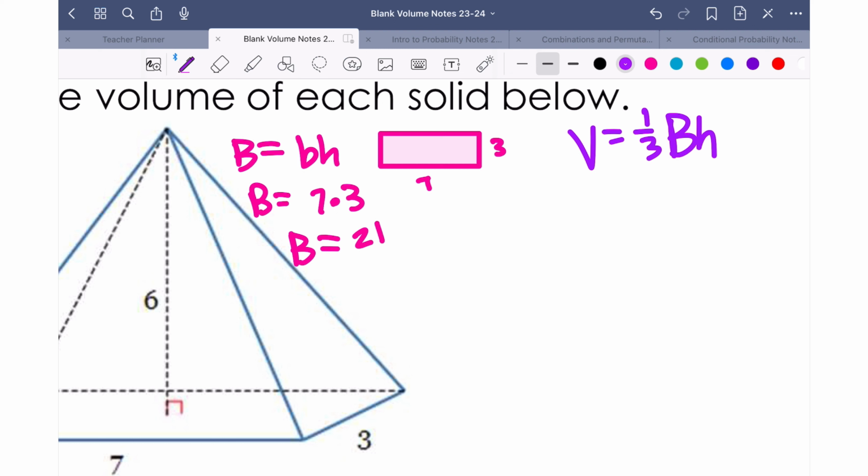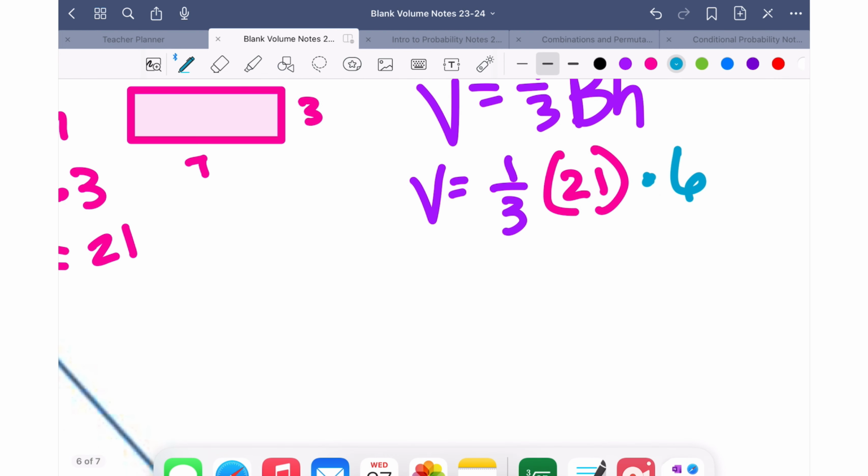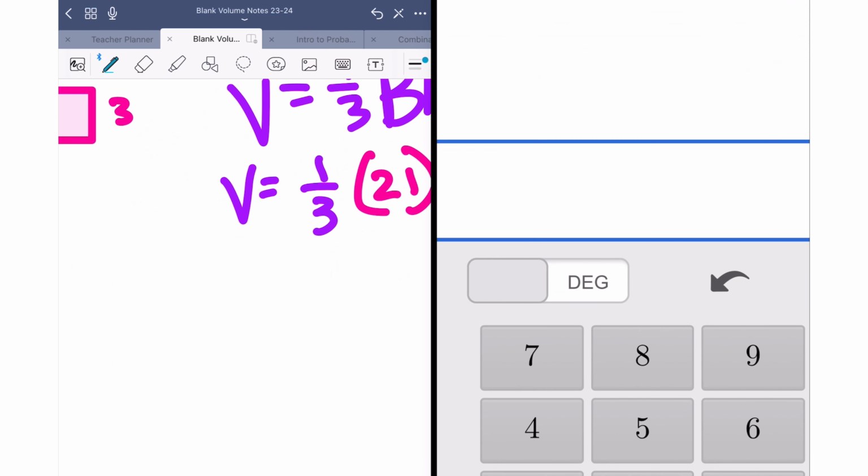All right, now we're ready to plug it in. 1/3 times the area of your base, which is 21, times the height. What's the height of this pyramid? Regular height, not slanted height. 6. Right here. Okay.